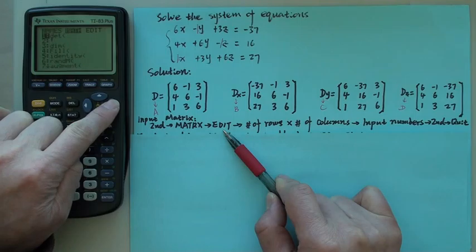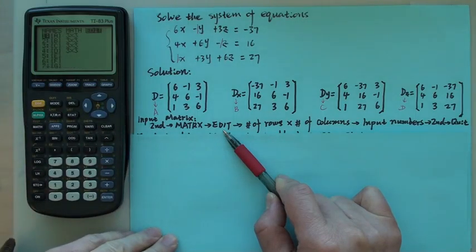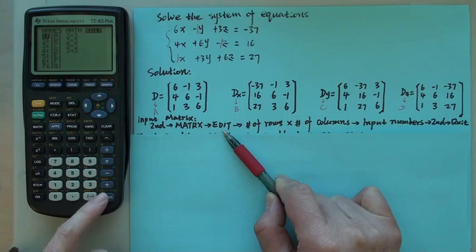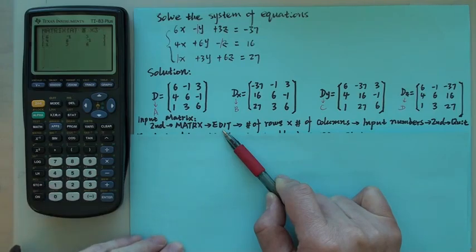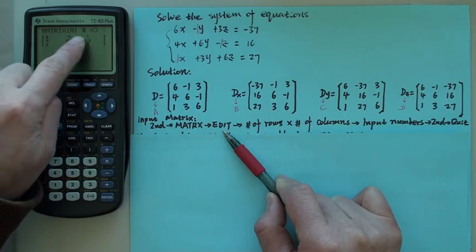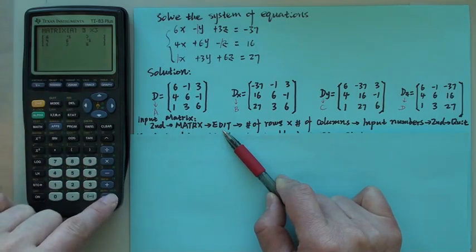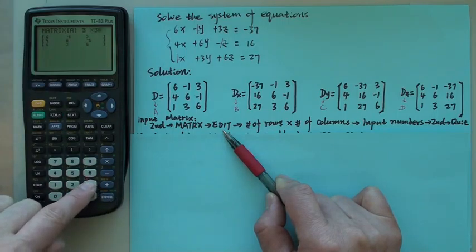You highlight edit, and then you hit enter, or you may hit number 1. And then you input the dimension here, 3, and then another 3.